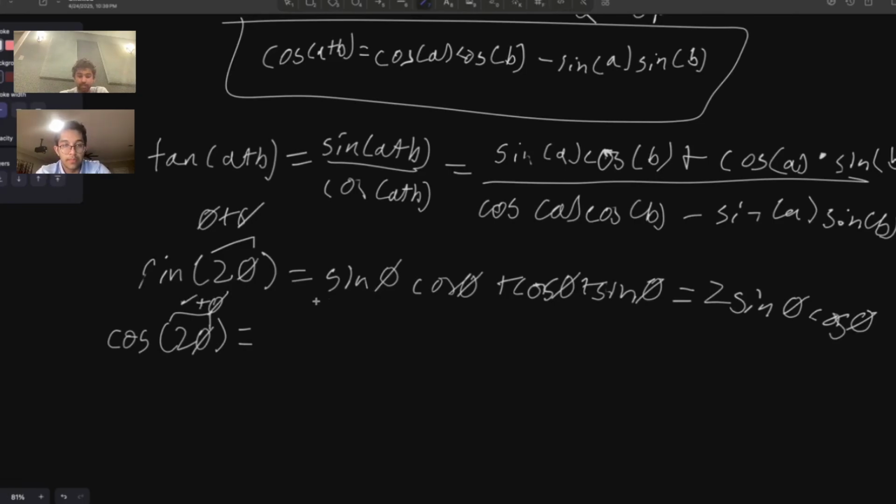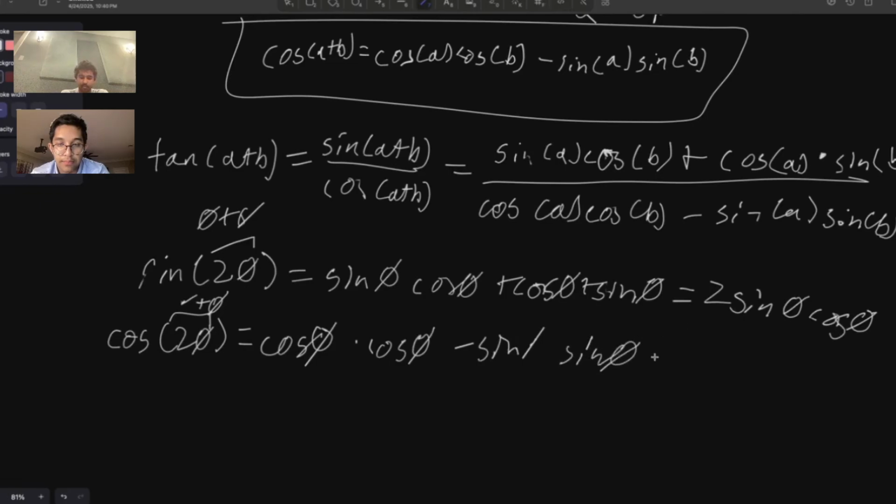Now, cosine of 2 theta, we can just rewrite this as theta plus theta, and we said that cosine of theta plus theta is equal to cosine theta times cosine theta minus sine theta times sine theta, which is equal to cosine squared theta minus sine squared theta. Make sense? And finally, tangent 2 theta, we just plug it in.